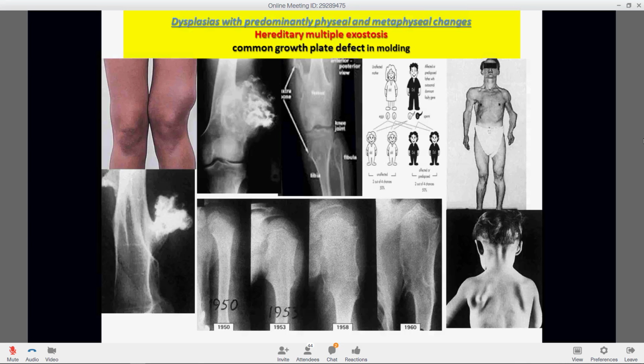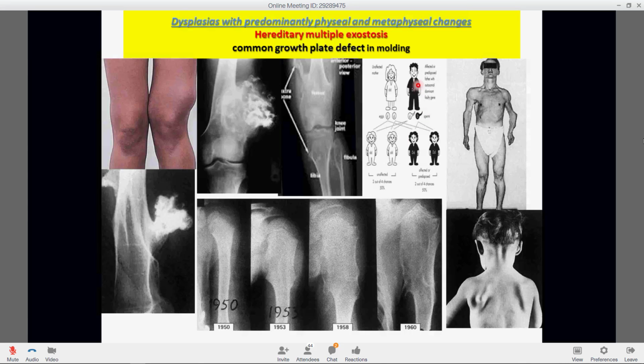Dysplasia with predominantly physeal and metaphyseal changes: hereditary multiple exostosis. This is a common growth plate defect in modeling.